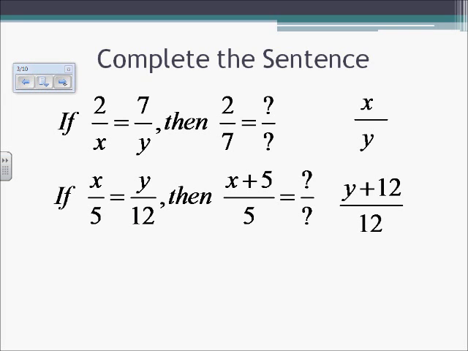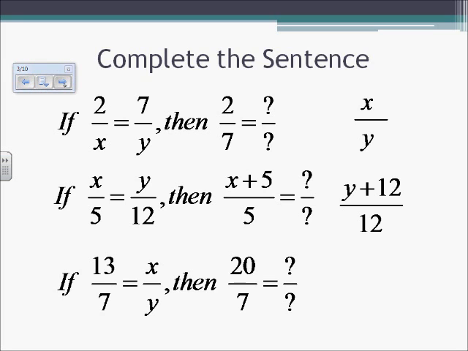Using again the second statement: if a over b is equal to c over d, then a plus b over b is equal to c plus d over d. So we have our a, b, c, and d as x, 5, y, and 12, and it applies there. Alright, let's try another one.